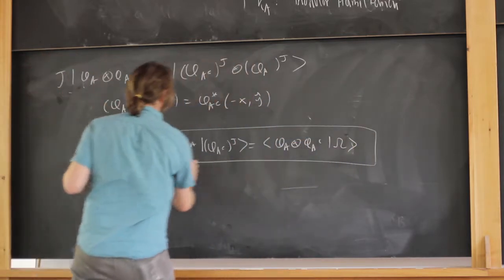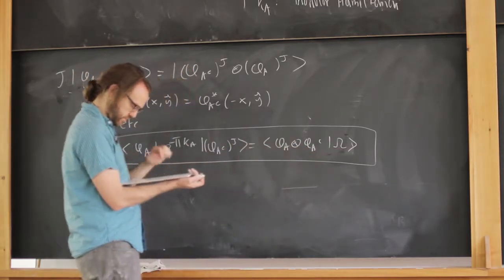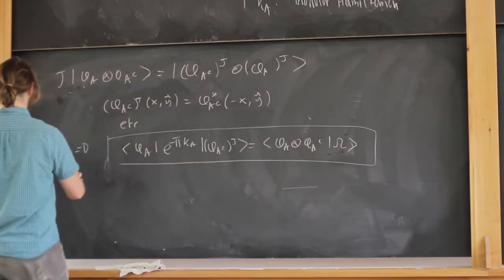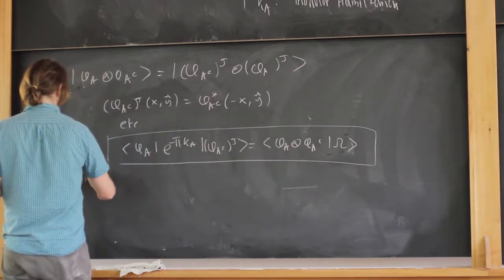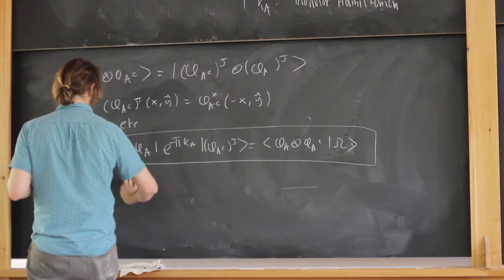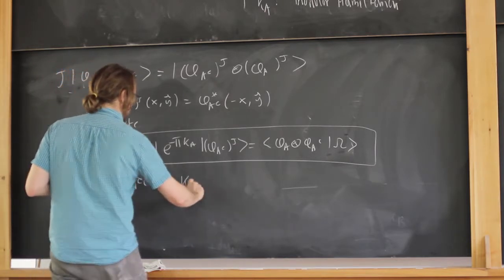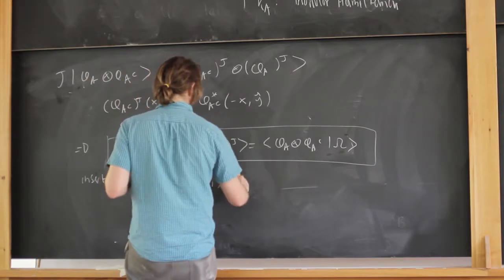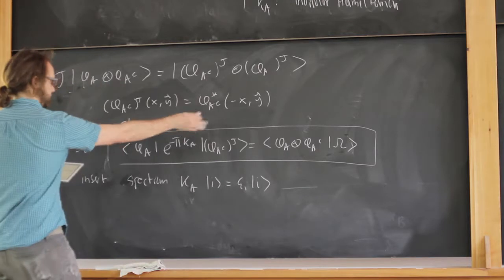And so this allows us to read off this state. I'm going to skip details because I'm running out of time. But basically, you insert a complete set of states, insert the spectrum of K_A, which is something like this. And then you solve this equation.